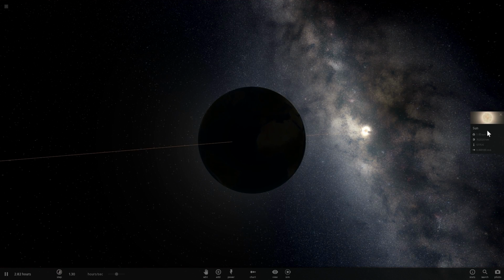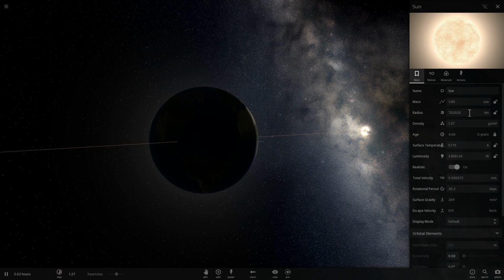And as it's occurring, and as our sun grows larger and larger in size, but not in mass, of course, just in size and in temperature, the Earth will obviously start heating up as well.